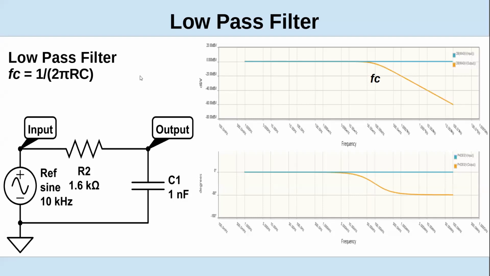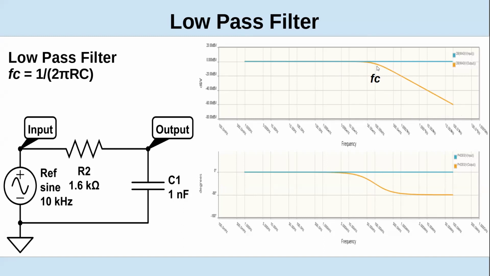Okay, here's a simple low pass filter, which is just a resistor and a capacitor. This is what it looks like when you plot it in the frequency domain. And the point I marked here is the cutoff frequency.